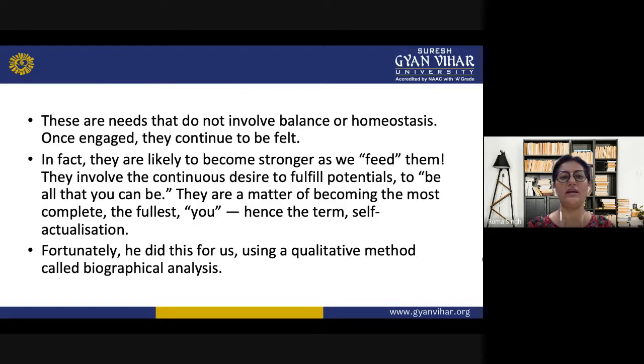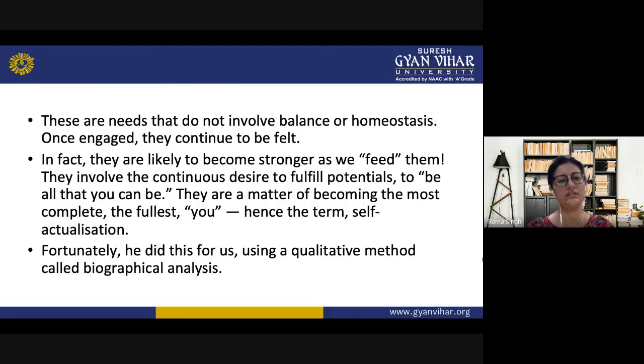In fact, they are likely to become stronger as we feed them, as we achieve them. They involve the continuous desire to fulfill our potential, to be all that you can be. You long for that. They are a matter of becoming the most complete, the fullest, hence the term self actualization. Where you think about yourself, you have self actualized.